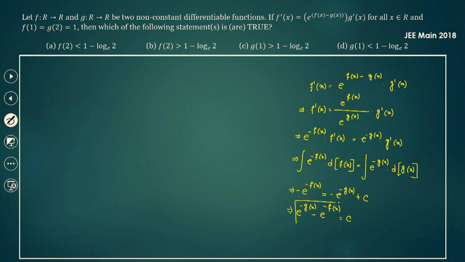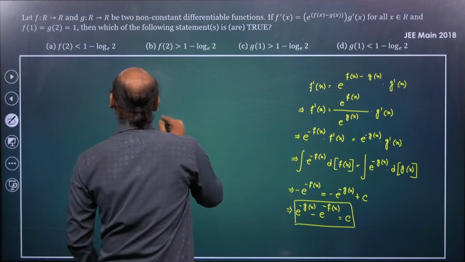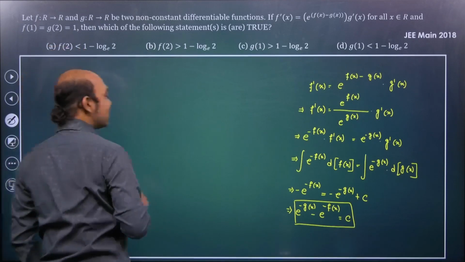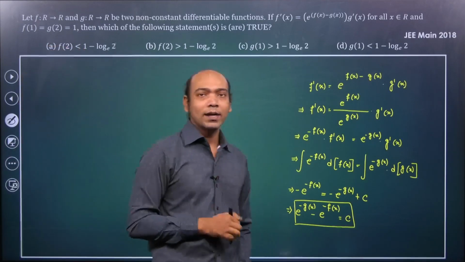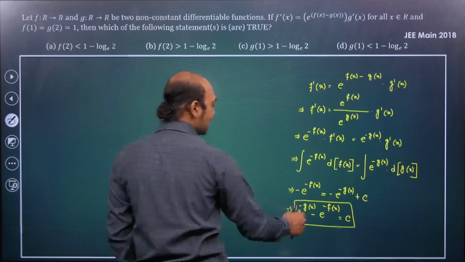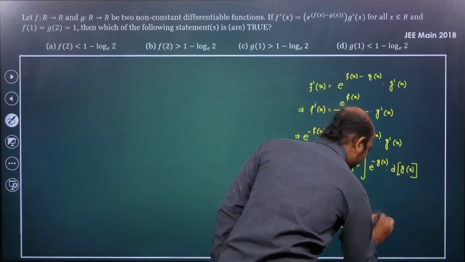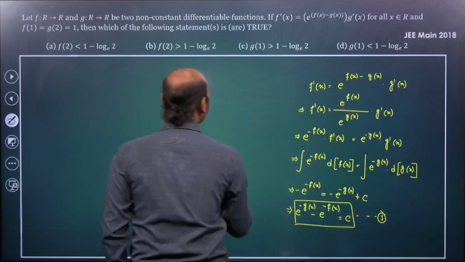So we are able to get a relation between f(x) and g(x). Now, some given information is there. It says that f1 is equal to 1, so let's substitute x equal to 1.